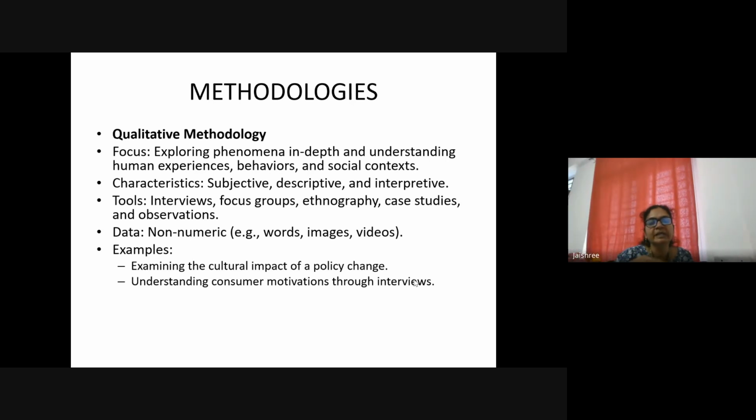Characteristics: it can be subjective. It will mostly be subjective because you're dealing with emotions. When you deal with human experiences, naturally you deal with emotions. It will be very descriptive. When you conduct an interview, from the replies they give, you may be tempted to ask more questions, so it will be very detailed.